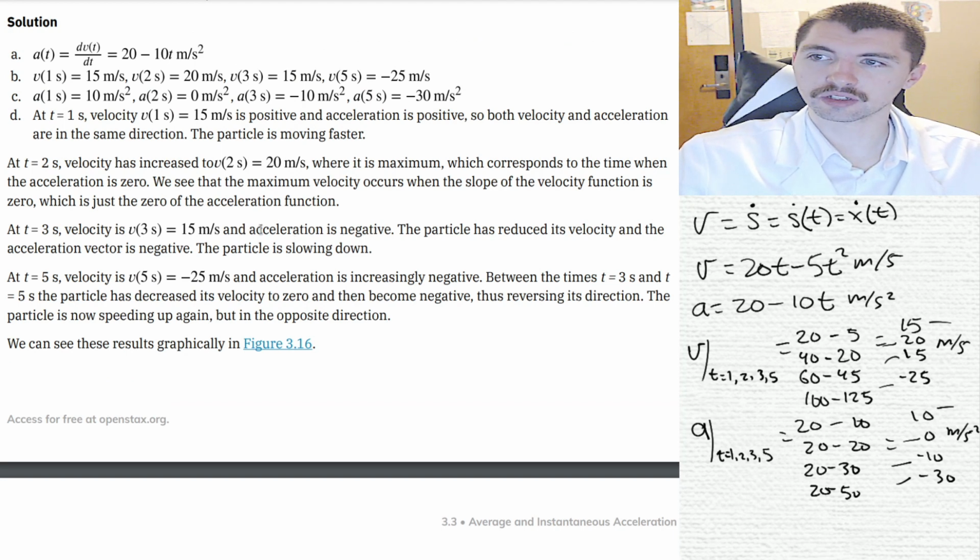Velocity and acceleration are negative. This is positive, this is negative. So I was wrong, I guess. They're in the same direction but slowing down.